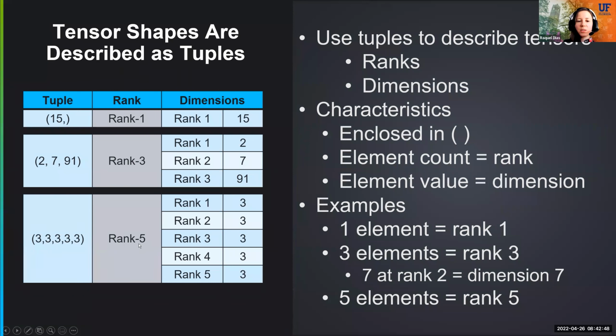And here, for example, is a rank 5, where all the ranks have dimension 3. So this is like a 5-dimensional array, a 5-rank array with the same number for each one of the ranks.